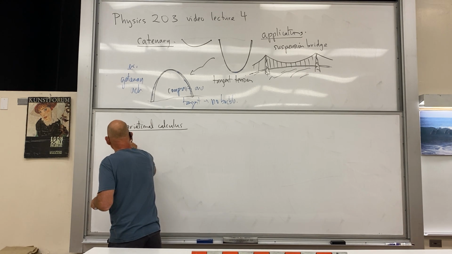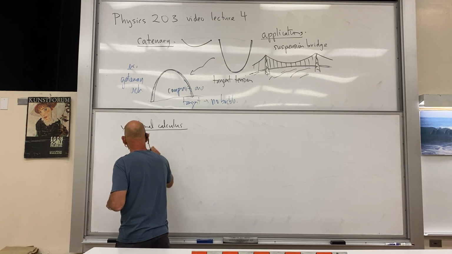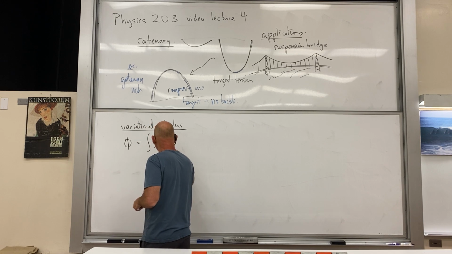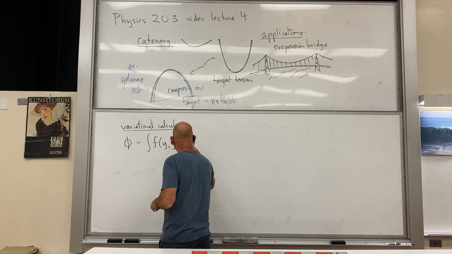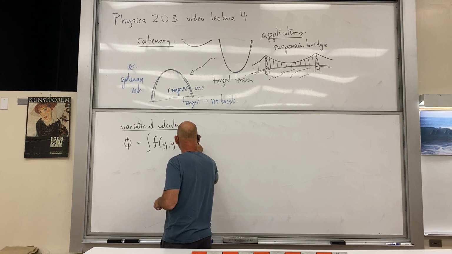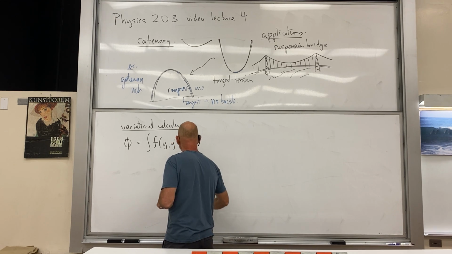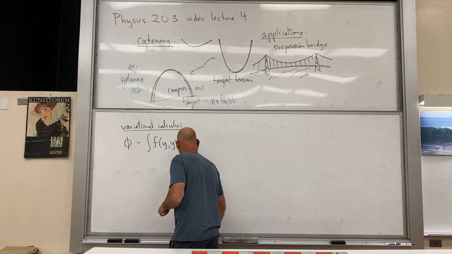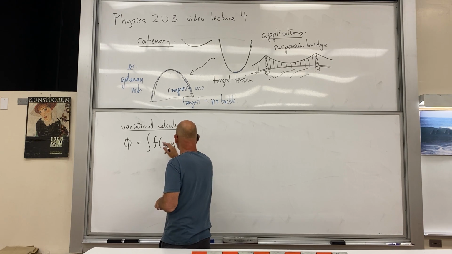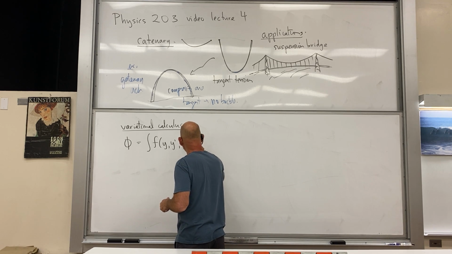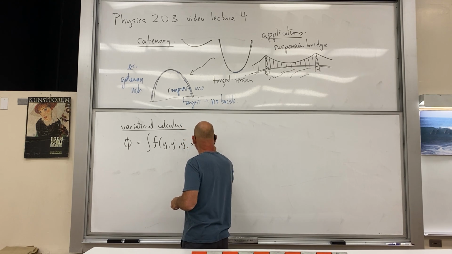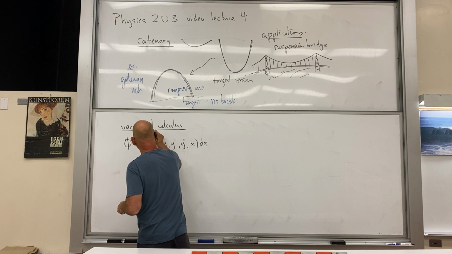So let's say we have phi is equal to the integral of f, which is a function of y, y prime, and y double prime. We'll just do this for one variable, that's fine. Okay. y, y prime, y double prime, x, dx, x1 to x2.